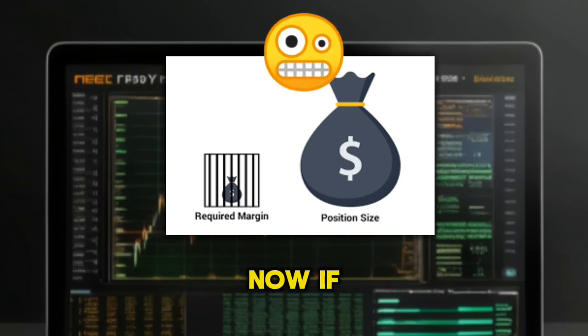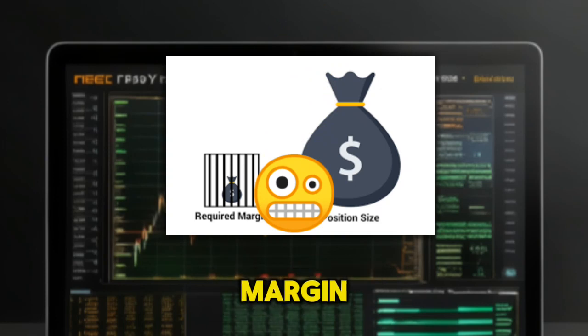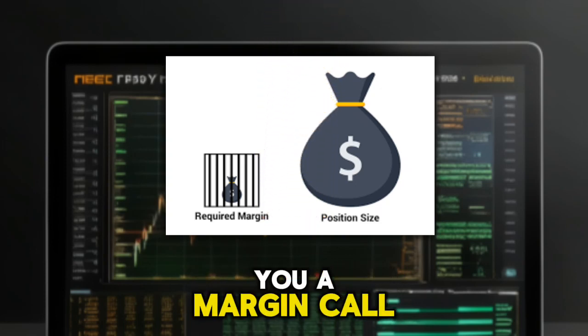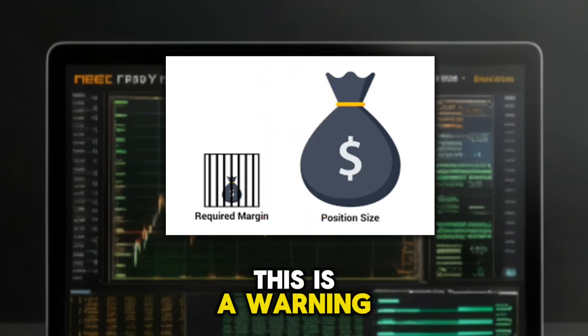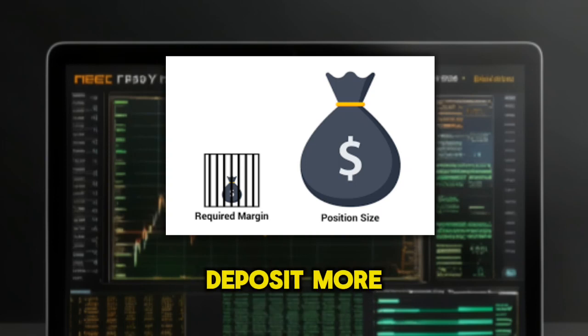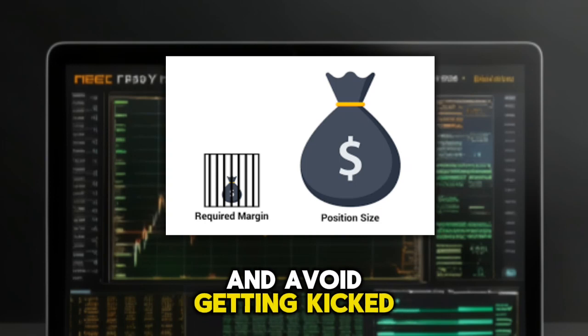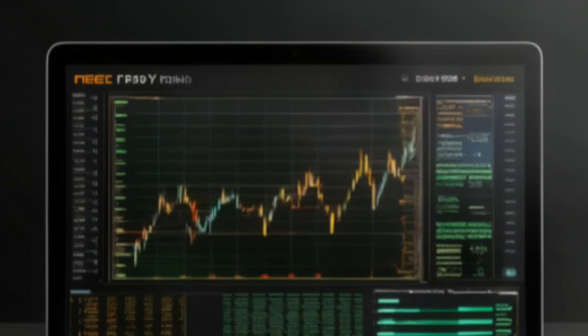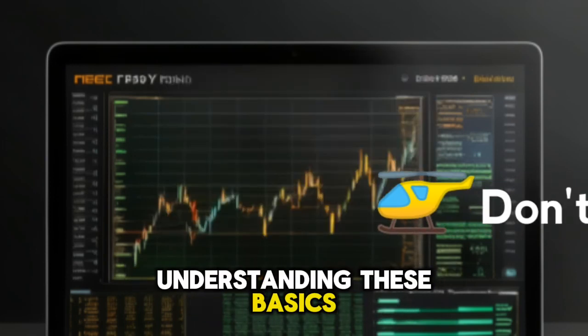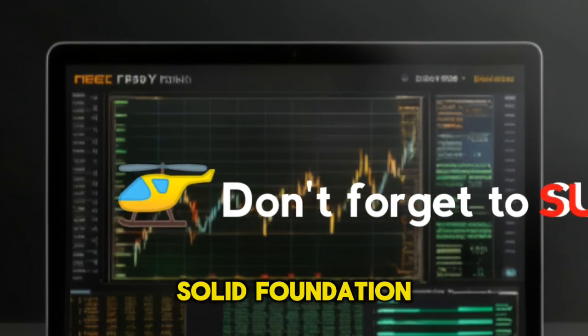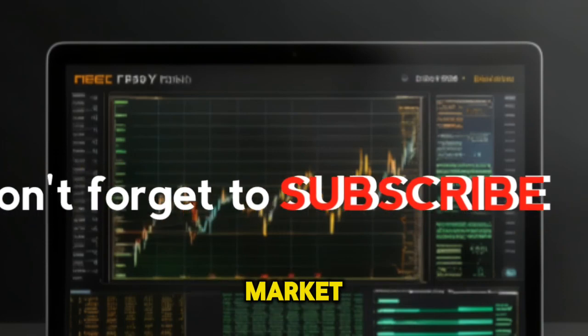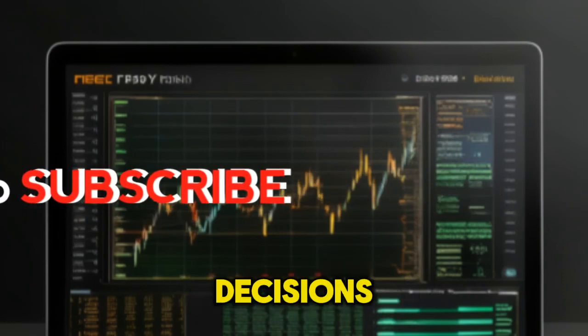Now, if your losses start eating into your margin, your broker might give you a margin call. This is a warning that you need to deposit more money into your account to keep your position open and avoid getting kicked out of the trade. Understanding these basics will give you a solid foundation for navigating the Forex market and making informed trading decisions.